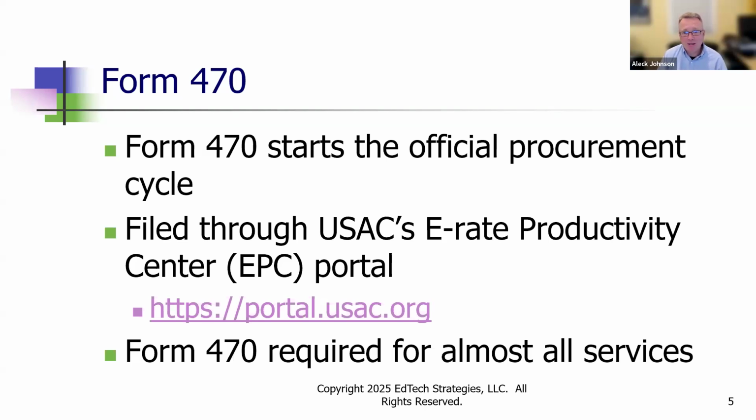That actually redirects you to EPC, but that's an easier to remember URL, so that's what I tend to use. We talked about some of the exceptions for services where you don't need to file a Form 470, but as a general rule, a Form 470 is going to be required for almost all services that you want to purchase through the E-rate program.